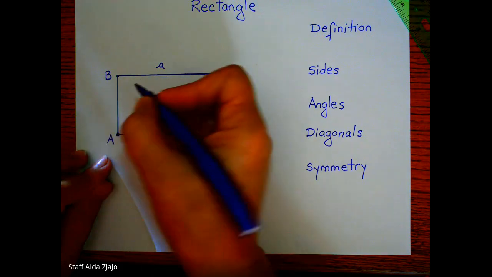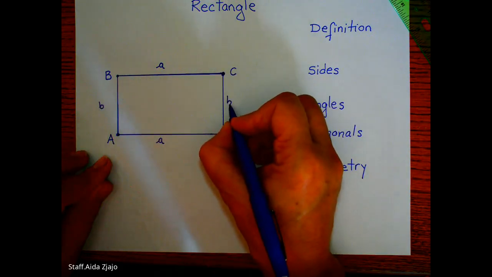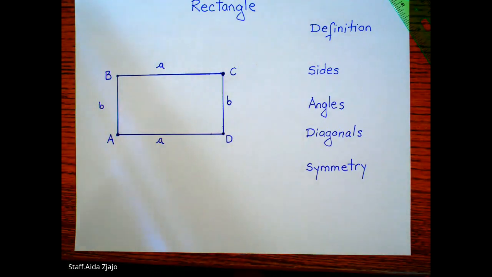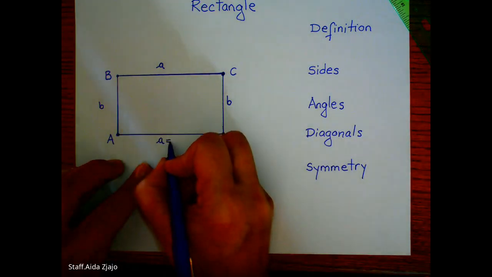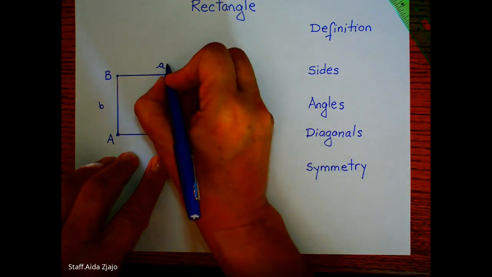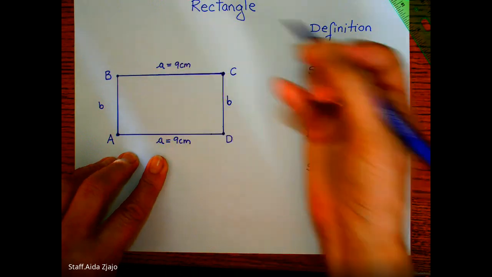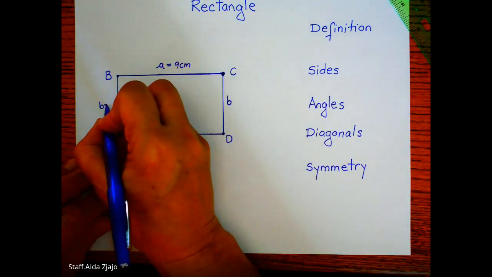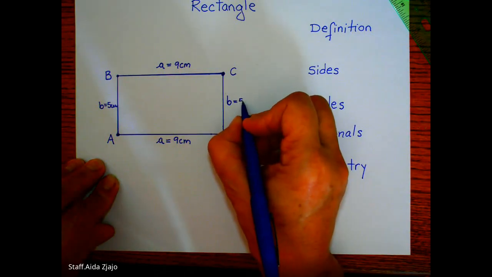And then b side is this, and b side is this as well. So we have two congruent sides. So a is equal to 9 centimeters, and the other a is equal to 9 centimeters. b is equal to 5 centimeters, and the other b is equal to 5 centimeters.